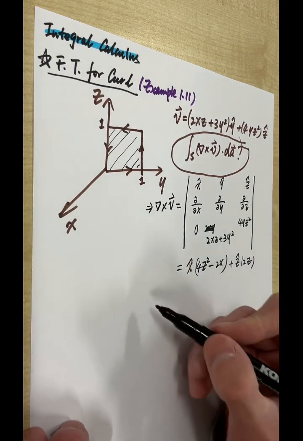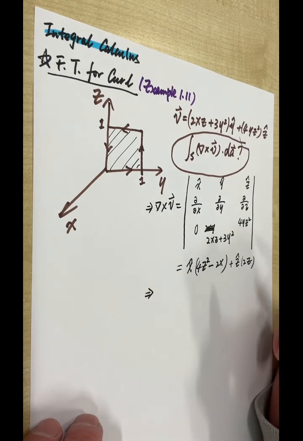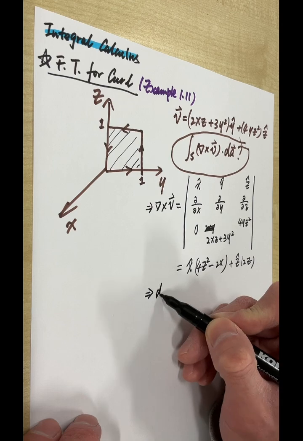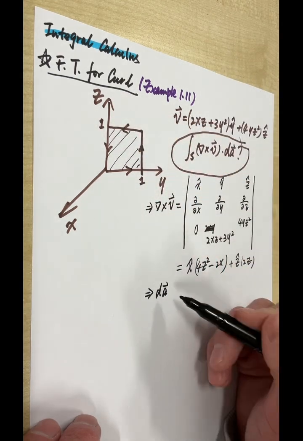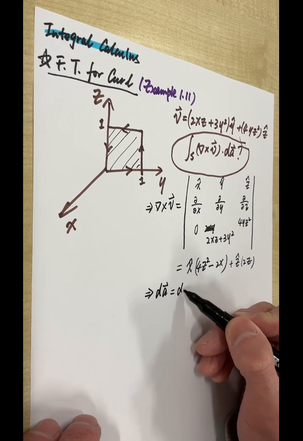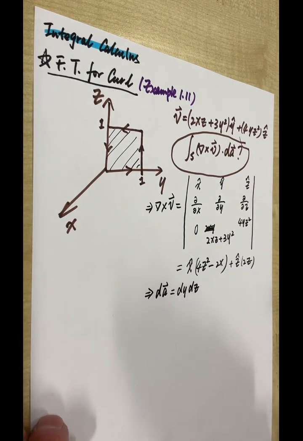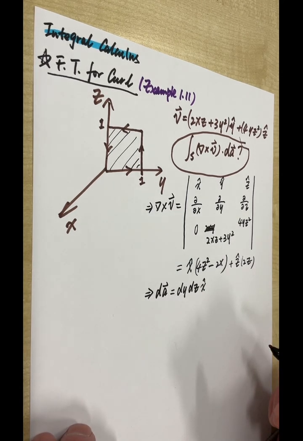And then for the infinitesimal patch, it's on the YZ plane. So this equals dy dz. The direction is perpendicular to the plane, so the direction is x.